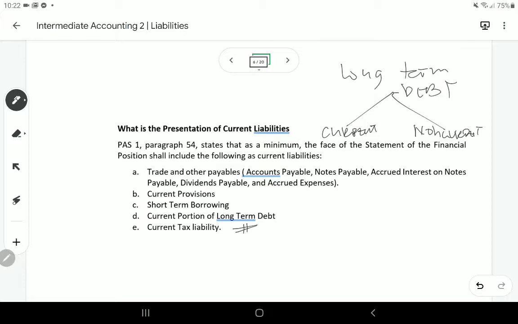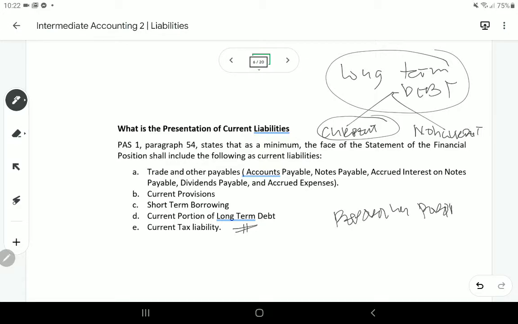The current portion of the long-term debt basically are those parts of the long-term debt which are due to be paid within a year after the reporting period. While the non-current portion are those parts of the long-term debt which are to be paid more than 12 months after the reporting period.